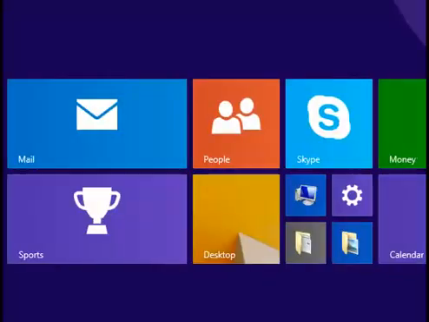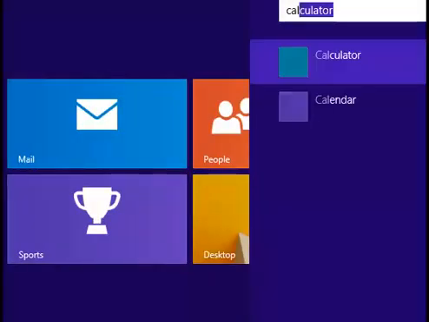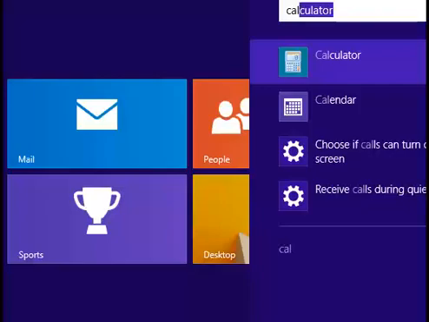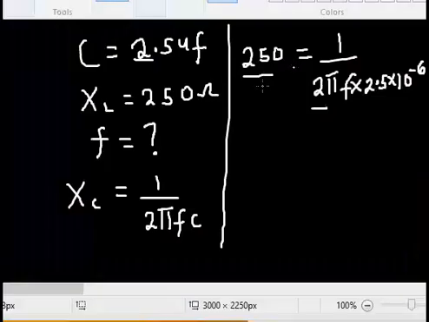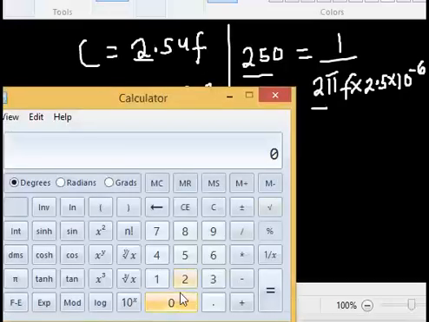Let me get a calculator. Cross multiplying, I have 250 times 2 times 2.5, and I still need to multiply by pi, which is 3.14. That gives 3925.